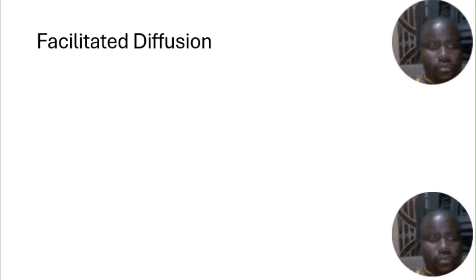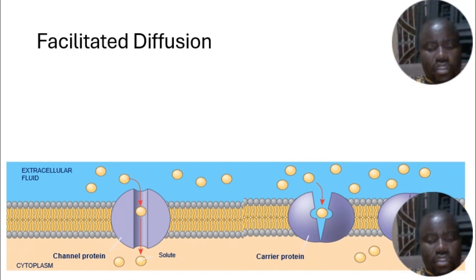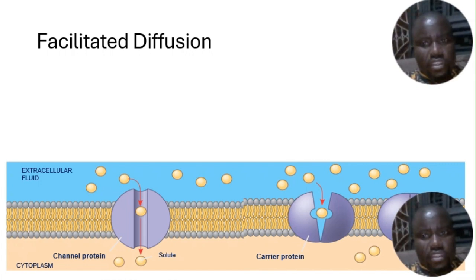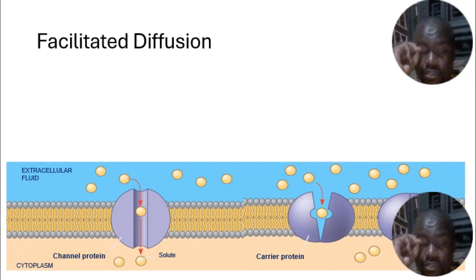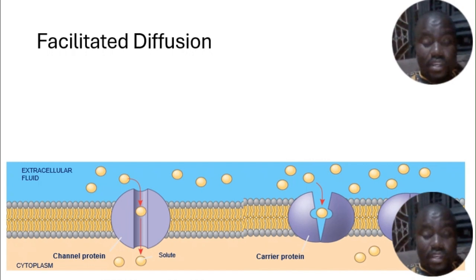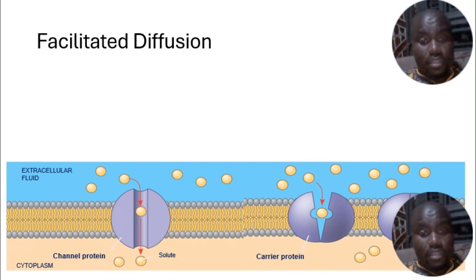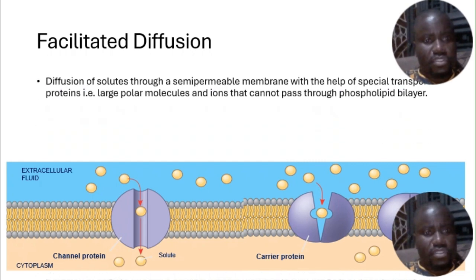So facilitated diffusion, yes, there is no energy that is expended, except this type of transportation is aided. There is help provided not by simple random movement of the particles, but it is because the particles are actually either bound by the carriers and shuttled across the membrane, or the channels actually bind them and help in their transportation across the cell membrane.